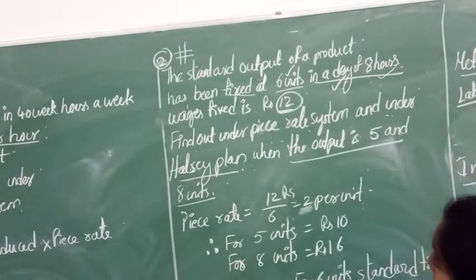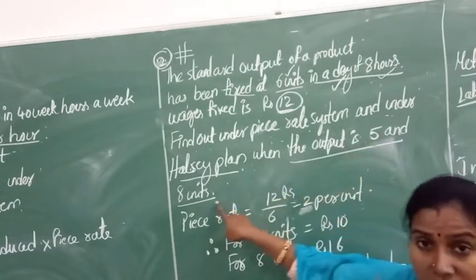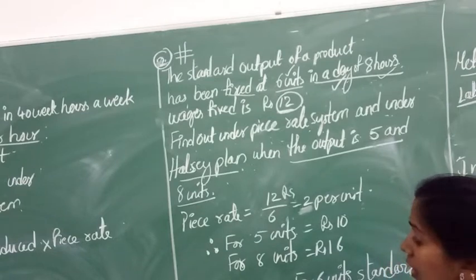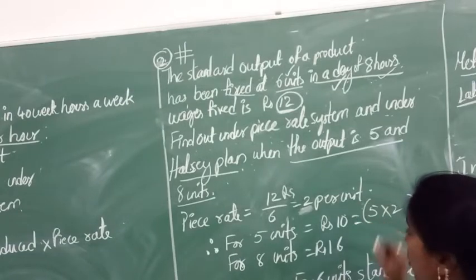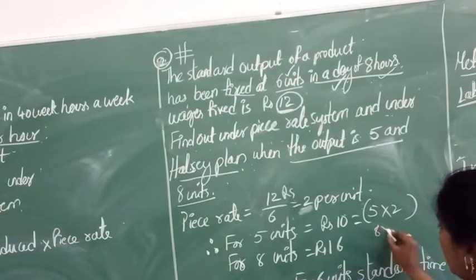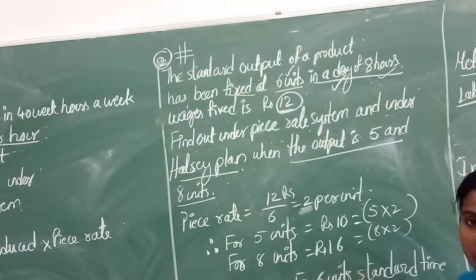So how many units did he produce? The output was how many units? 5 units and 8 units, under the Halsey plan. So 5 units into 2 rupees, how much do you get? 10 rupees. Same way, 8 into 2 rupees, how much do you get? 16 rupees.